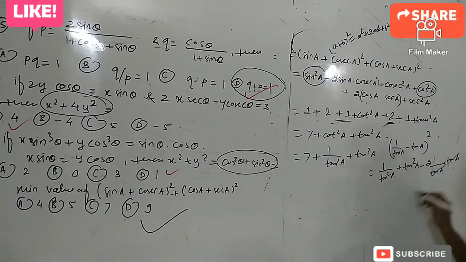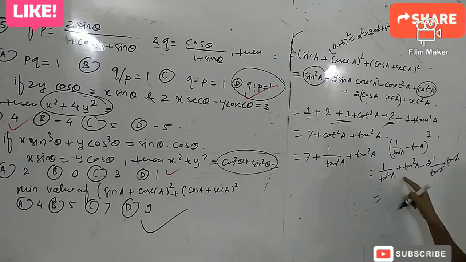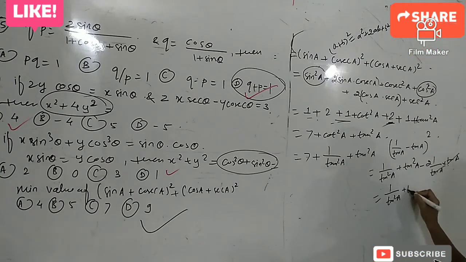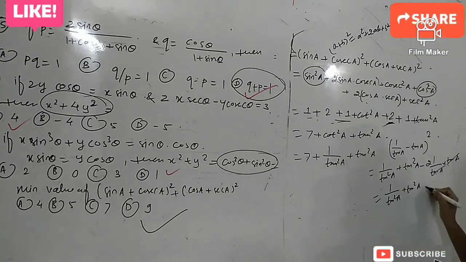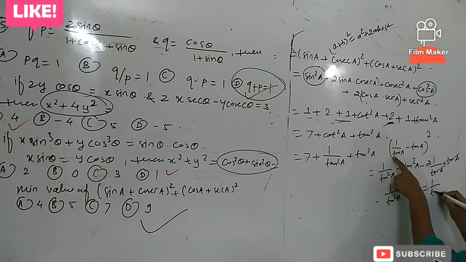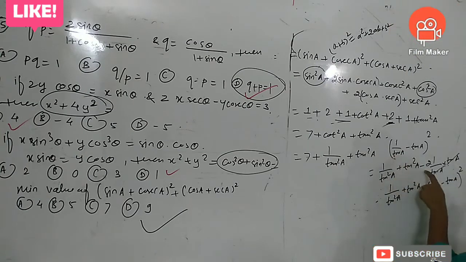So this get cancelled. Okay. So I want this value. So what is this value? 1 upon tan square A plus tan square A is equal to 1 upon tan A minus tan A whole square, and this minus will get plus, so it will get plus 2.